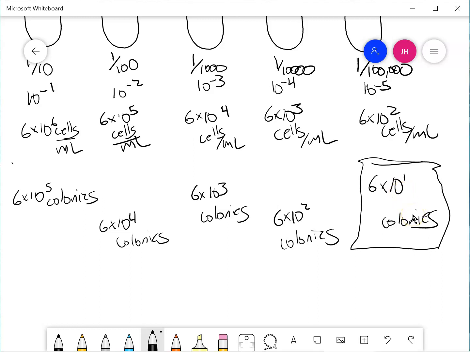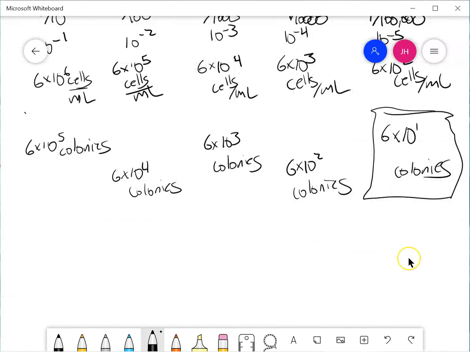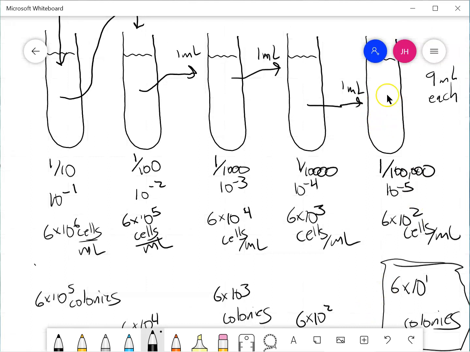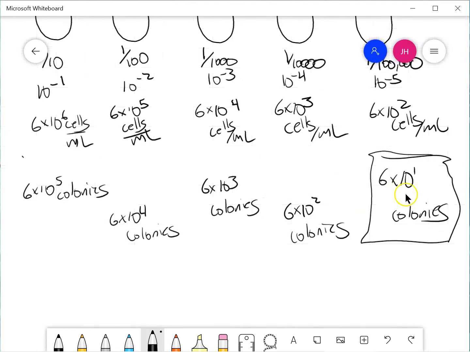So if we were to put, again, 1/10 of a milliliter of this onto a petri dish, we'd get a good number of colonies we could count. And I should say that 1/10 of a milliliter number, what we put on a petri dish, is just a good amount of water that will not change the characteristics of the agar.